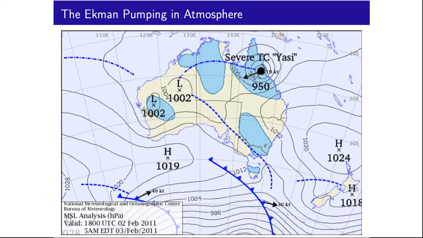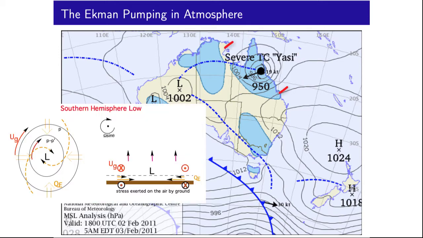So consider a low pressure system over Australia, like tropical cyclone Yasi here. The geostrophic flow is cyclonic about the system. The Ekman flow near the ground is oriented inwards as per the pressure gradient. This flow needs to go somewhere, and the only place it can go is up.